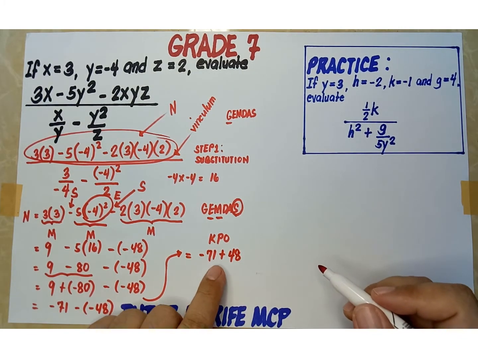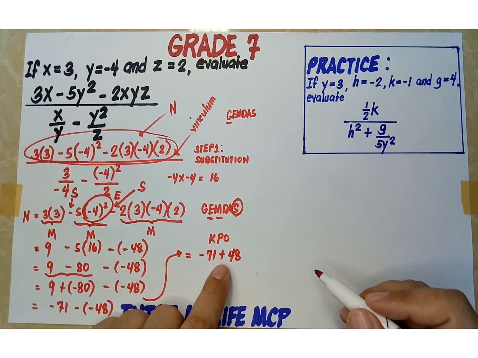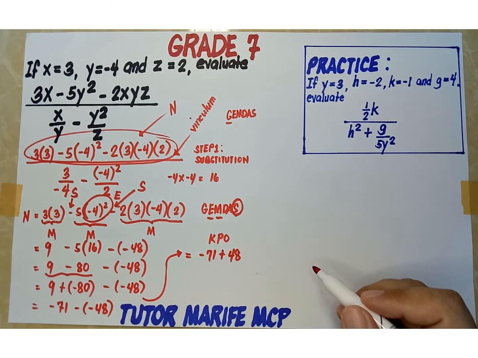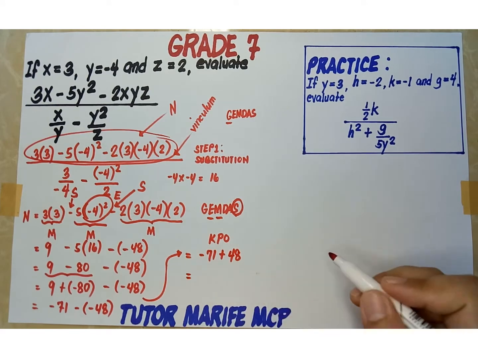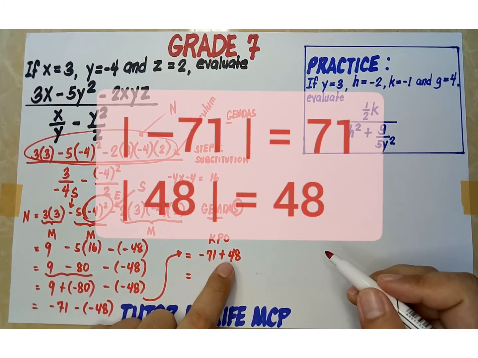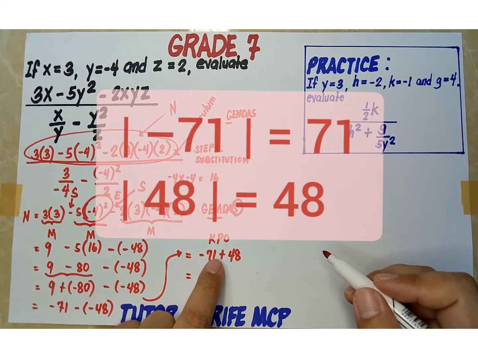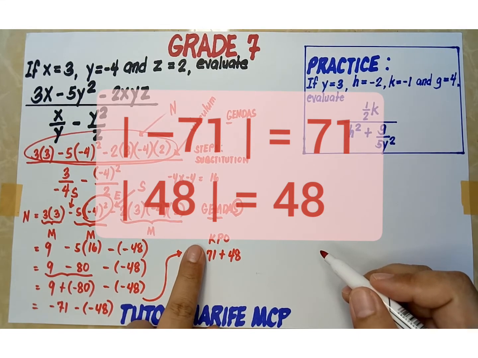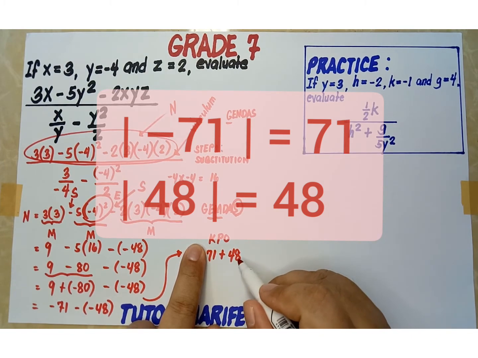So once again, you are adding two numbers with different signs. Follow mo ulit yung rule. Subtract their absolute values. Absolute value of negative 71, disregard the sign, so it's 71. Absolute value of 48 is 48.